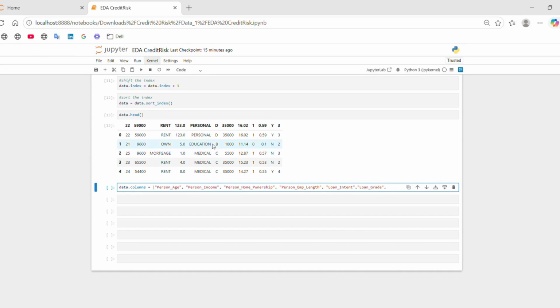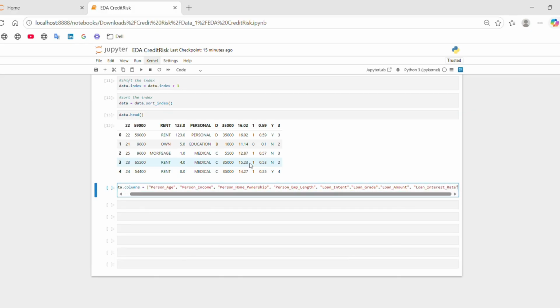Then once we are done with the loan intent and the loan grade, how much amount that loan is for: loan amount. Next is the loan interest rate.